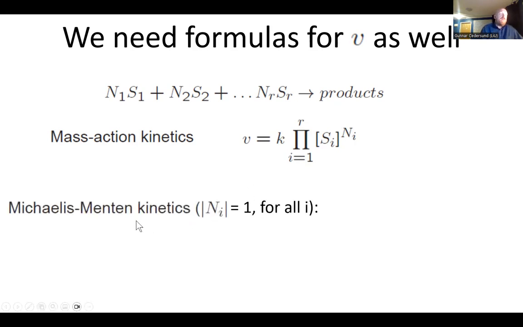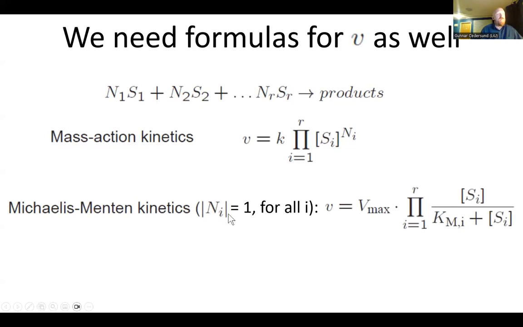Another example is called Michaelis-Menten kinetics, and a fairly general way of formulating that, but that still only really is applicable if Ni is equal to 1 or minus 1, for the substrates, is to form the product not of the concentrations or the amounts, but of this term.